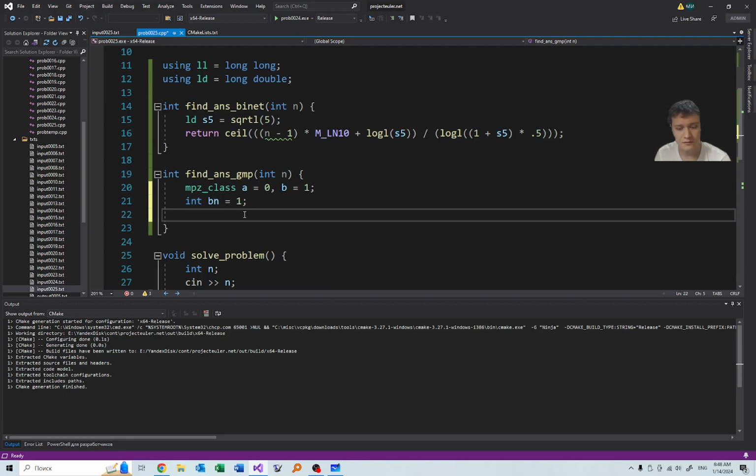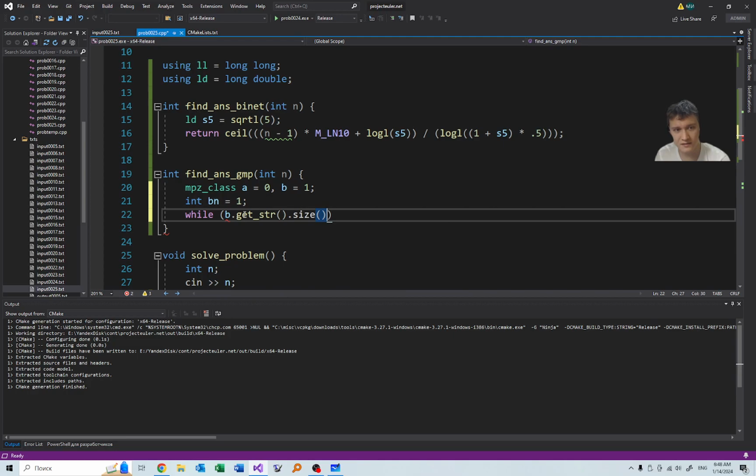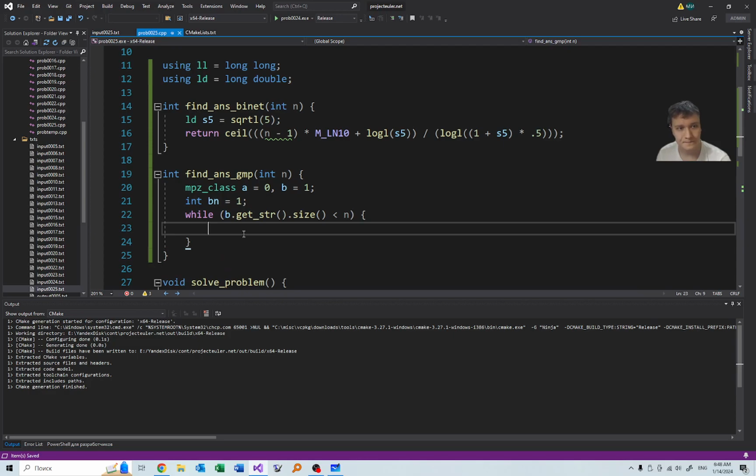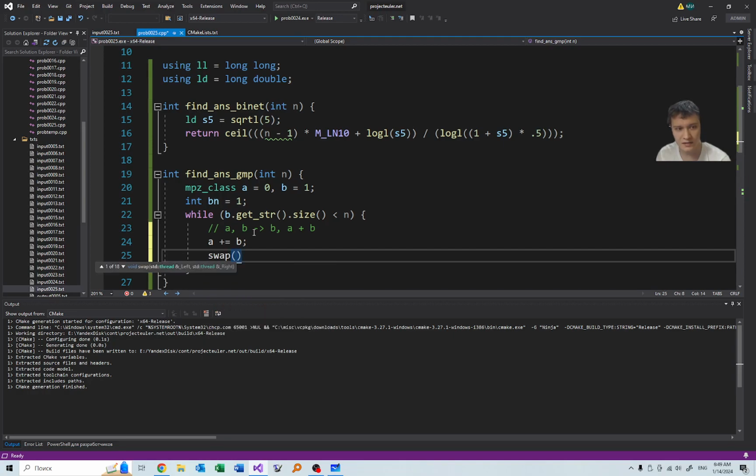Okay, so while b.get_str().size() is less than n, we do the following. First of all, we want a, b to become b and a plus b. To do that, you can say that a plus equals b and then swap a and b. Anyway, a.swap(b).